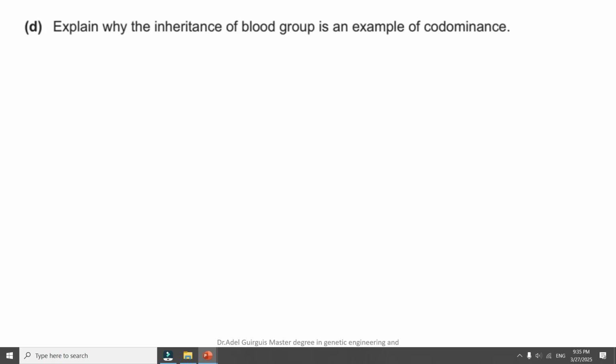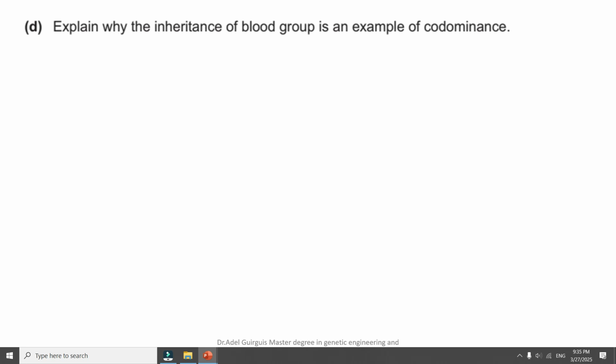Okay, what about letter D? Explain why the inheritance of blood group is an example of codominance. What is meant by codominance? It means the heterozygous individual possesses two alleles with the same power, both responsible for the appearance of a certain character.